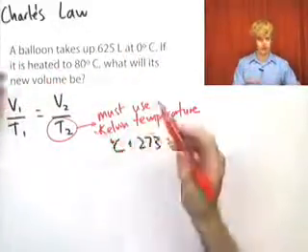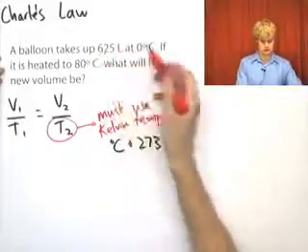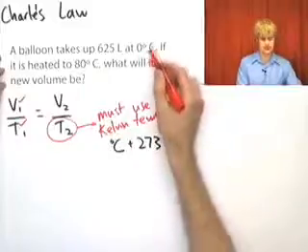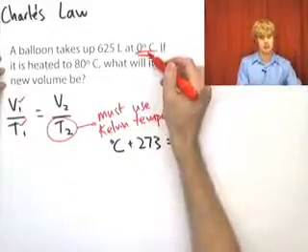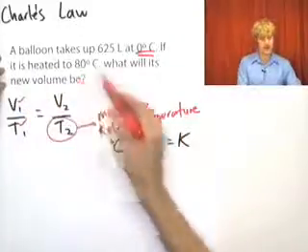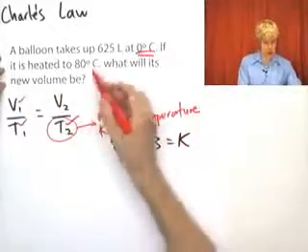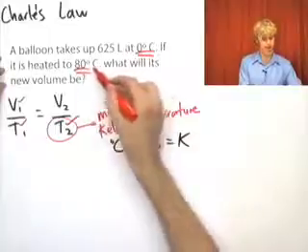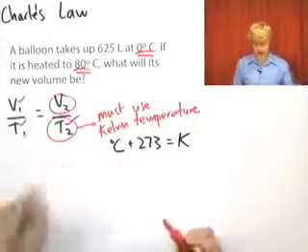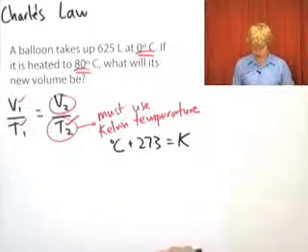So before, our volume is 625 liters and our temperature is 0 degrees Celsius. But remember, we're going to have to change this to Kelvin temperature before we can use it in the equation. If it's heated to 80 degrees Celsius, so we know what the new temperature is, but remember, we have to change this to Kelvin. What will its new volume be? So V2 is what we're trying to solve for.